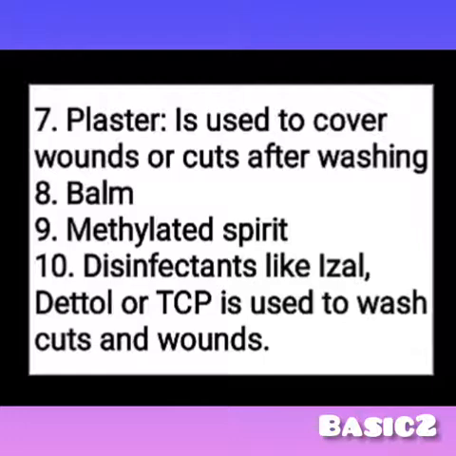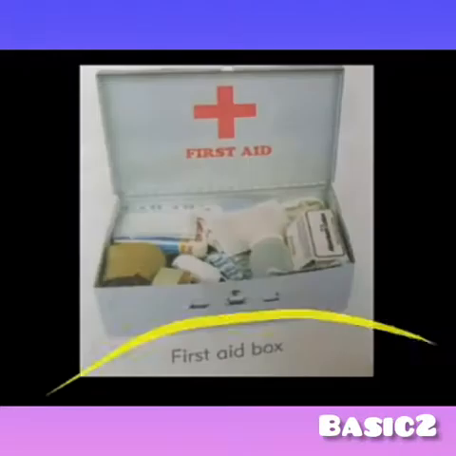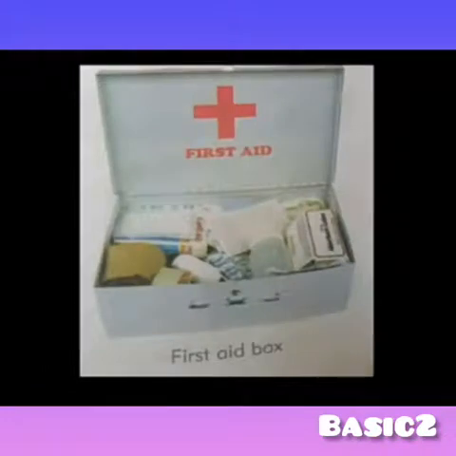Let's see how simple first aid can be applied to an injured person. The chart on the screen is the first aid box and how it looks. All the objects we've just mentioned are inside the first aid box.